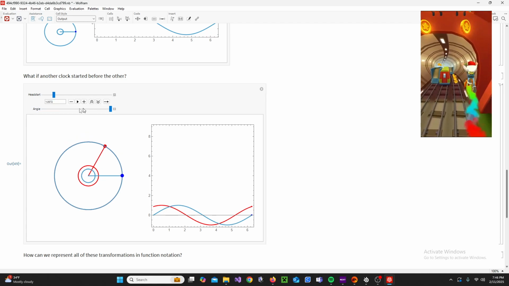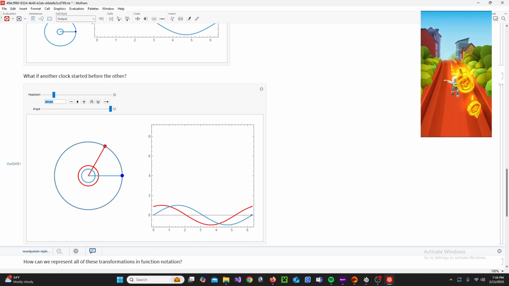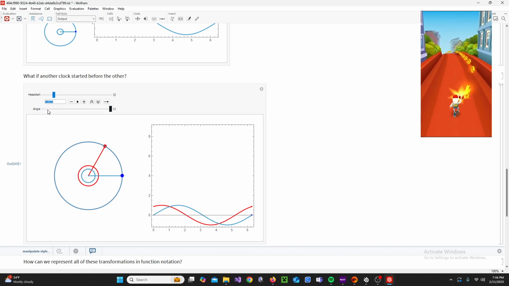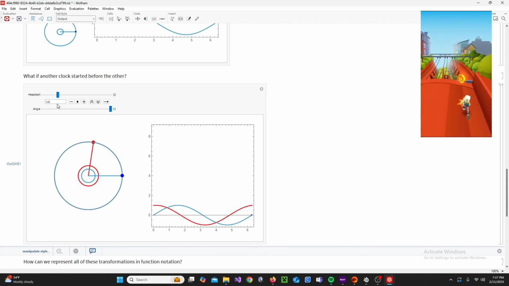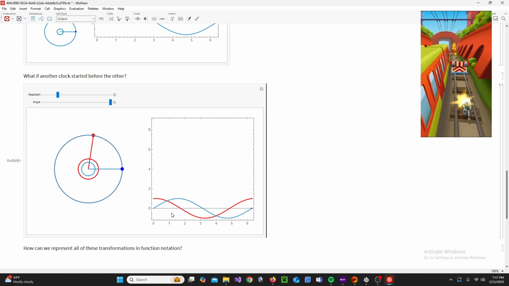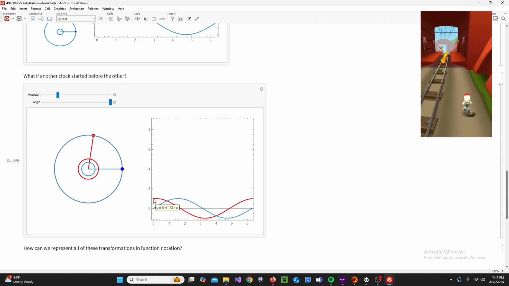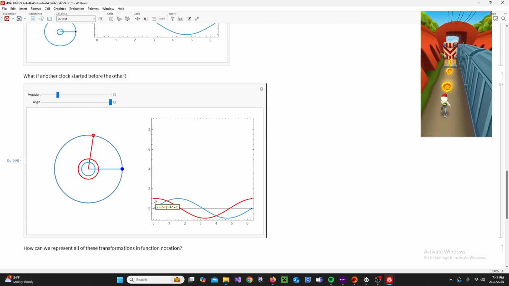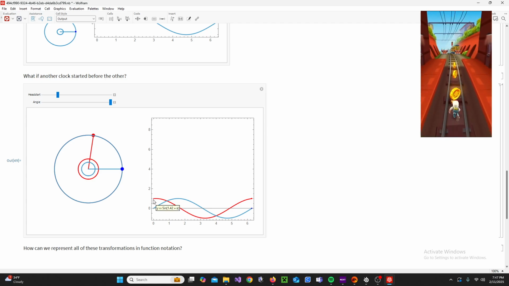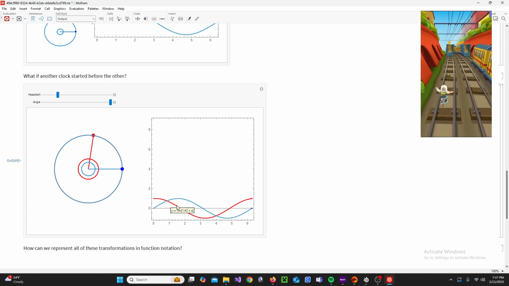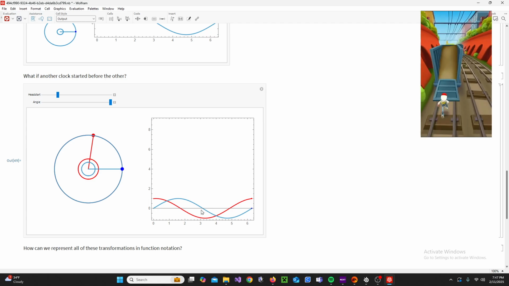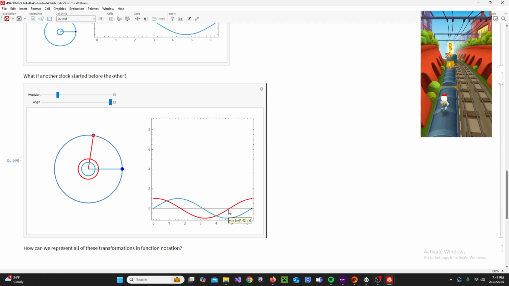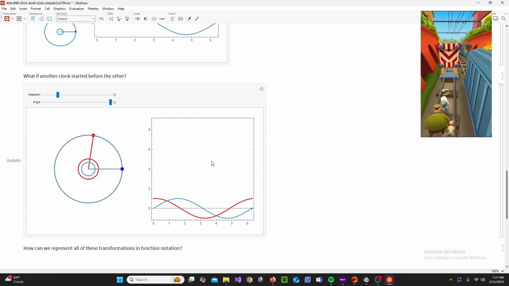In fact, maybe I can get something like this, and we can see, hey, if I started ahead by about pi over 2, then I start at my peak, right at the top of the function, and then I go down and hit 0, and then I go back down to -1, back to 0, and back up to 1, right?